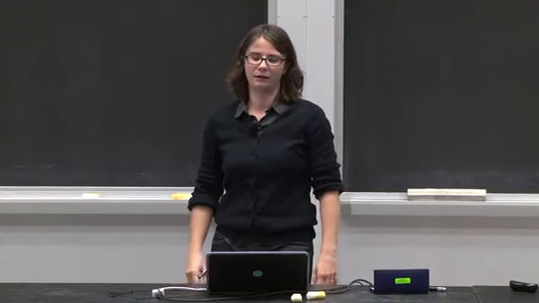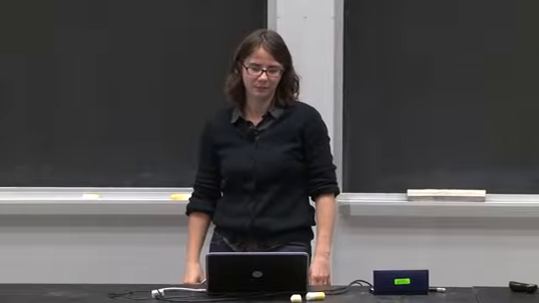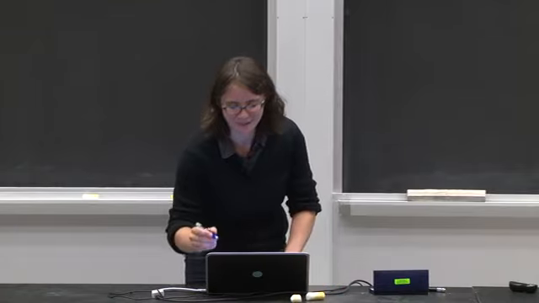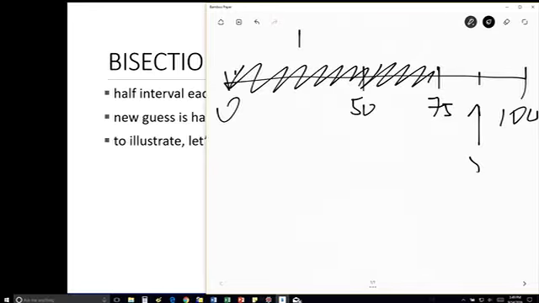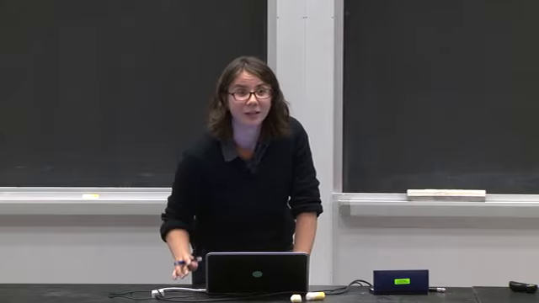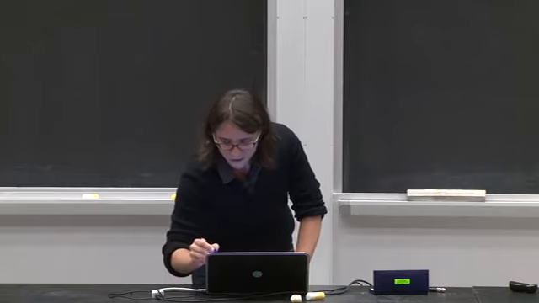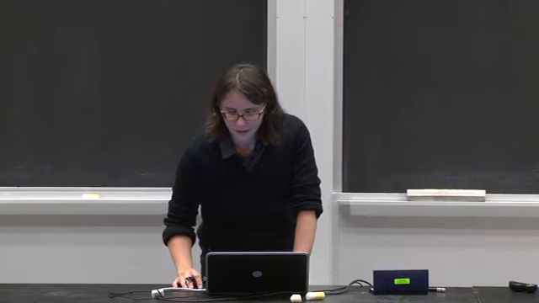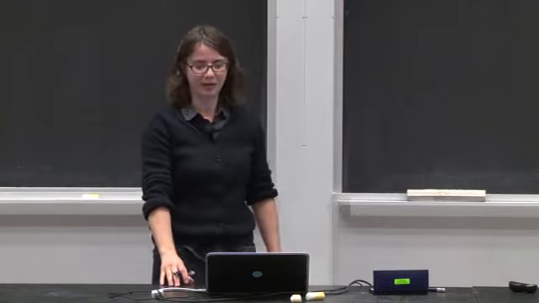Is your number between 75 and 100? Oh boy, you're putting me on the spot. What's that? 87, thank you. 87. Higher or lower? Lower. OK, so since it's lower, I'm eliminating that half. Is your number 81?